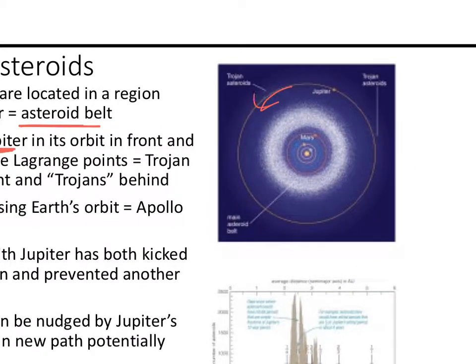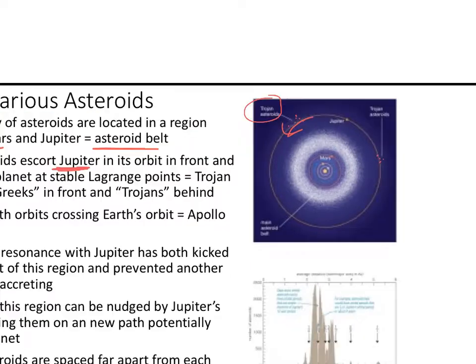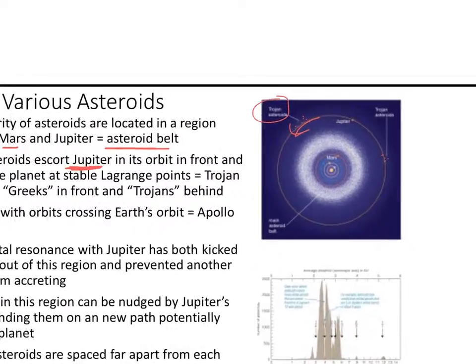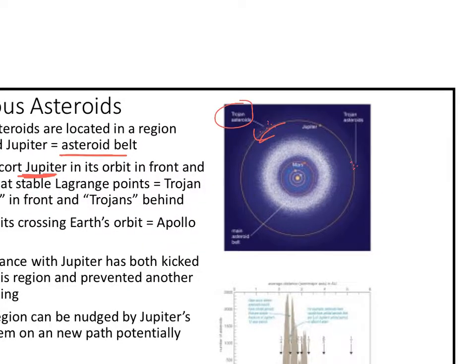It's all counterclockwise, and it's got some Trojan asteroids right here, and some in front of it, what we call, what do we call those guys? The Greek asteroids. Well, this says in front and behind.